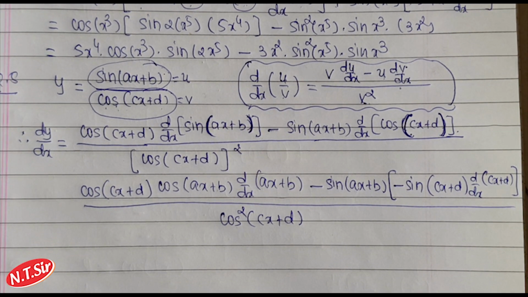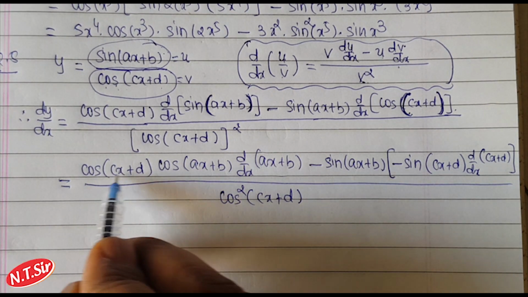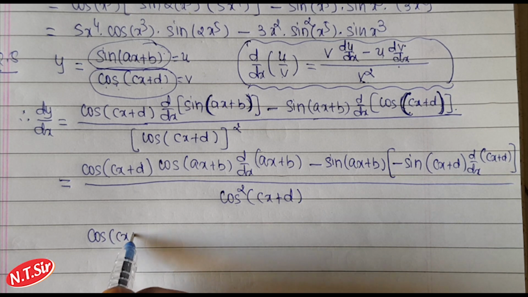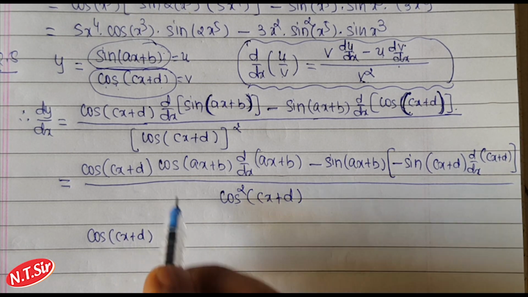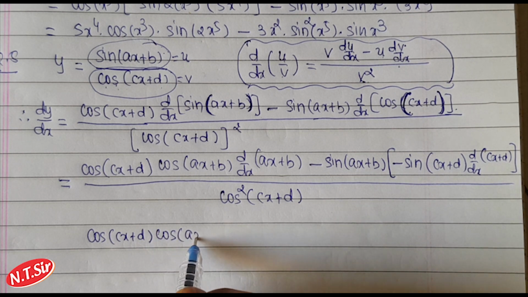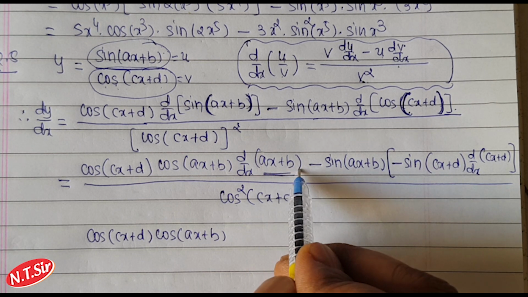Now cos(cx plus d) as it is, cos(ax plus b), so cos(ax plus b), d/dx of ax plus b.